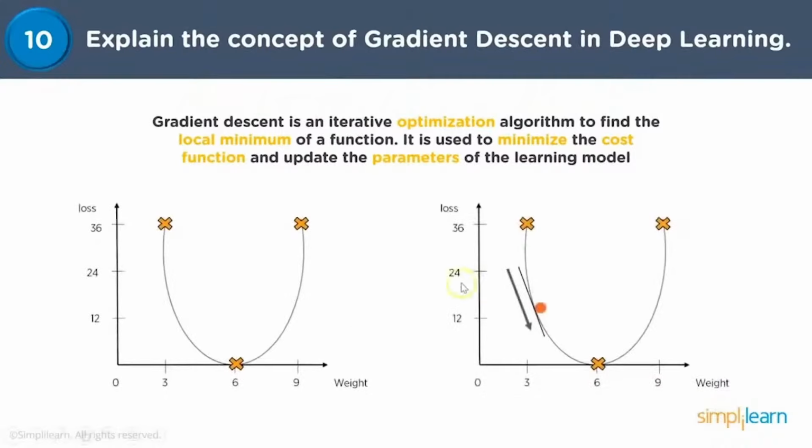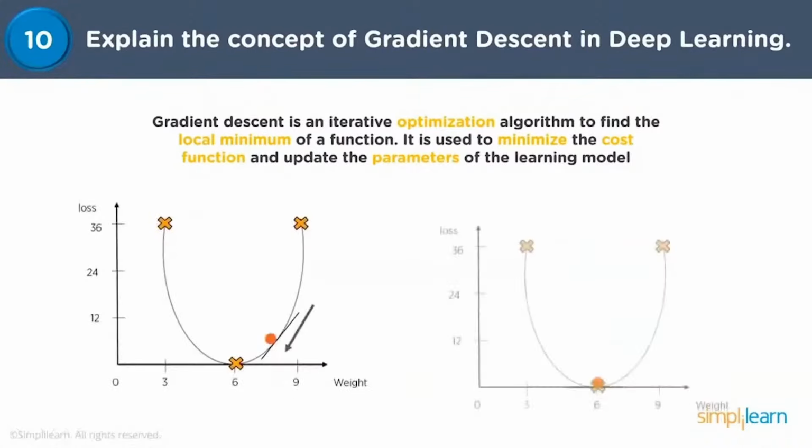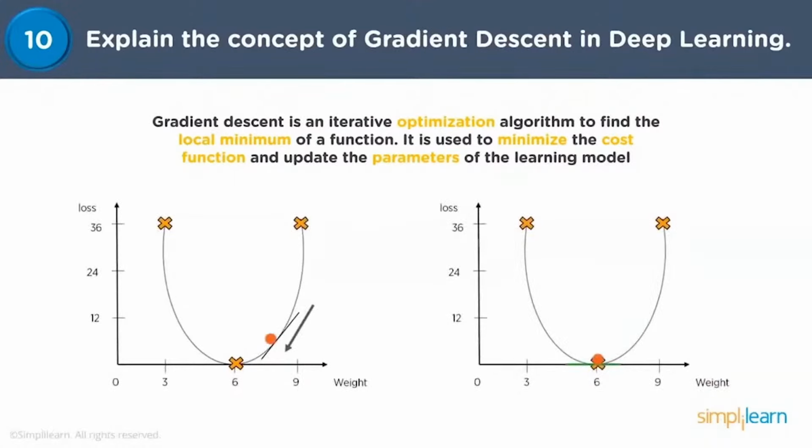You can see we have these maps, and on the y-axis we have the loss, on the x-axis we have the weight, and here we are trying to find the local minimum or the global minimum. This gradient descent method is used to minimize the cost function and update the parameters of the learning model.